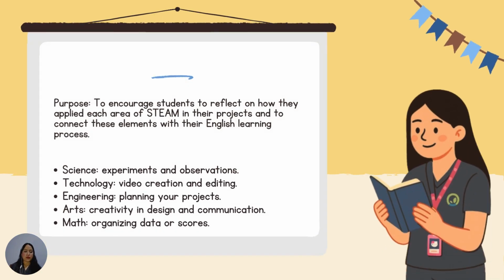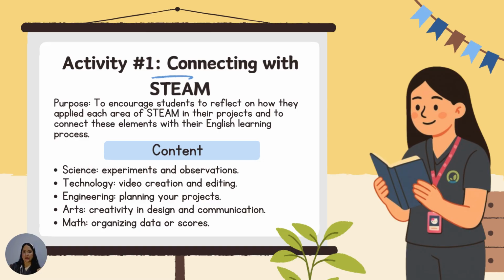So, first, let's start with the first activity. This activity was about connecting with the STEAM. The purpose of this activity was to encourage students to reflect on how they use each area of STEAM in their projects and how they can connect these elements with their English learning process.